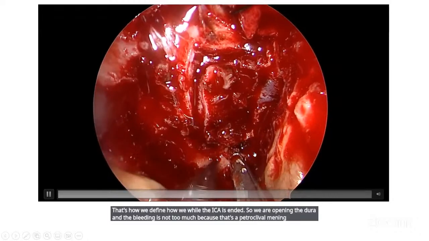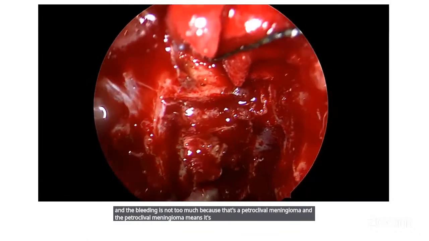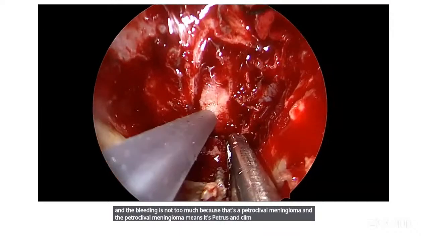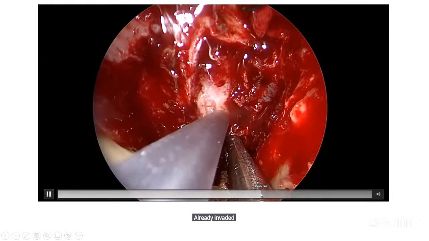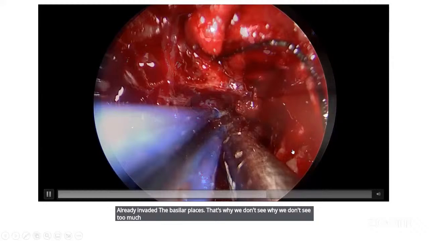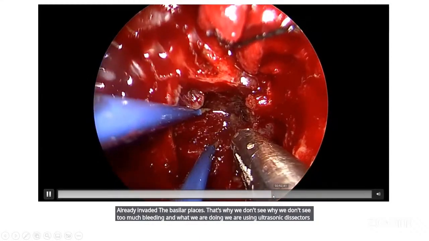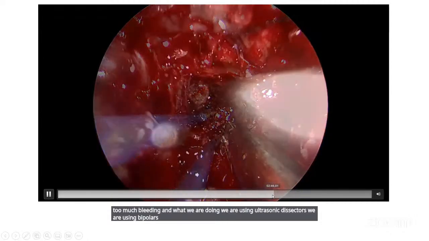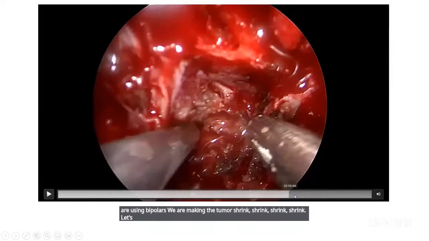The petroclival meningioma means it's petrous and clival, so the tumor already invaded the basilar plexus. That's why we don't see too much bleeding. And what we are doing, we are using ultrasonic dissectors, we are using bipolars, we are making the tumor shrink. Let's go a little faster.